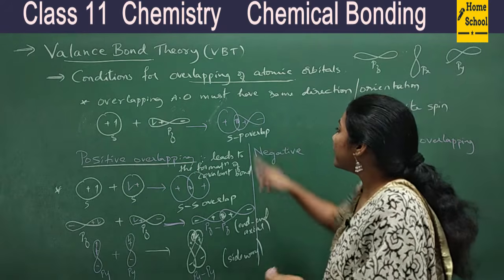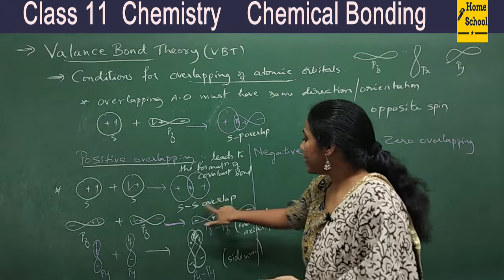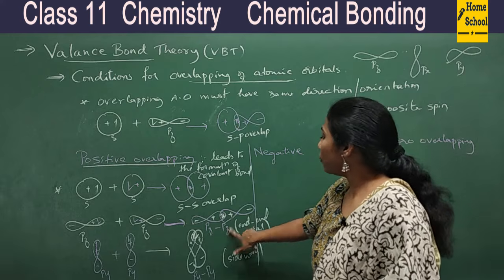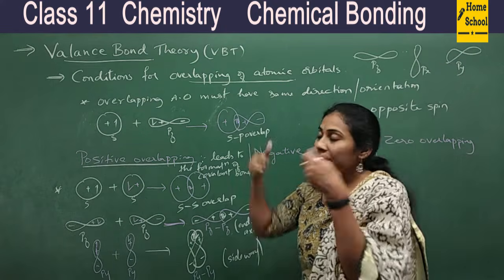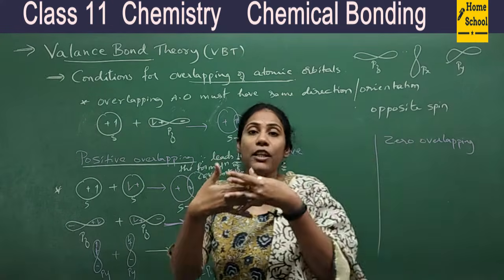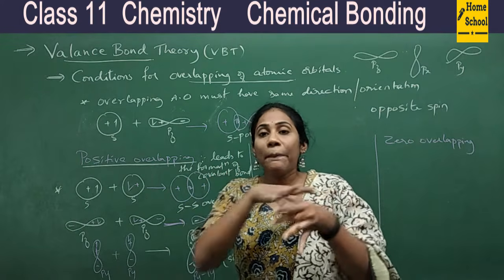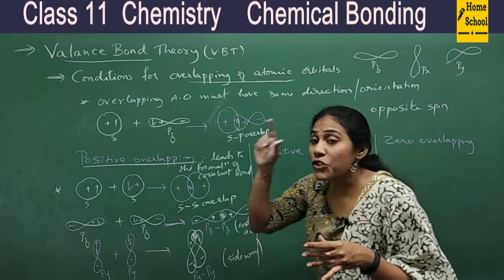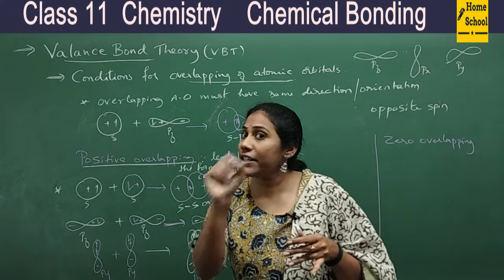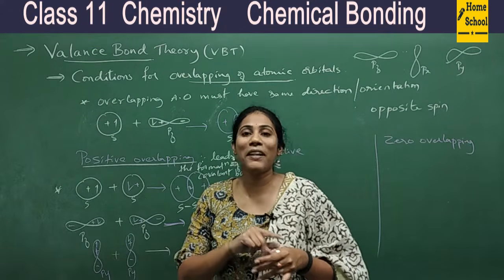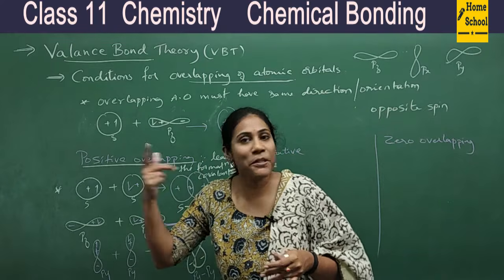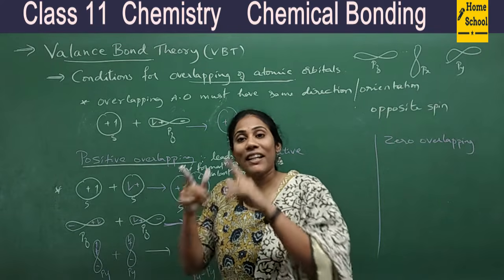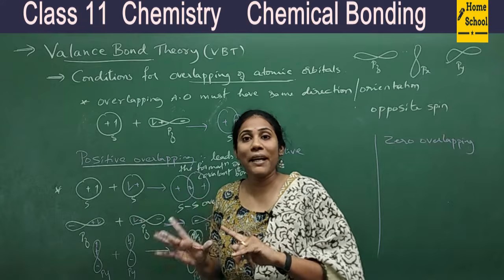So this type of overlap, s overlap, pz overlap, sp overlap, they are all end-to-end, axial overlapping. Overlapping on the same axis. That is actually a strong overlapping that leads to the formation of a sigma bond. We have two types of covalent bonds actually. One is a sigma bond, the other one is a pi bond.